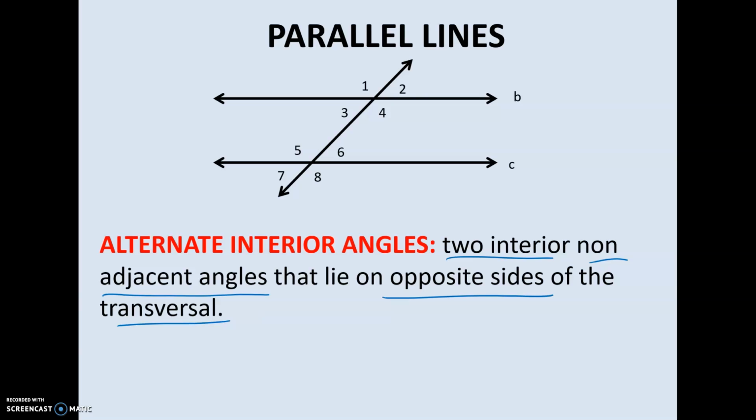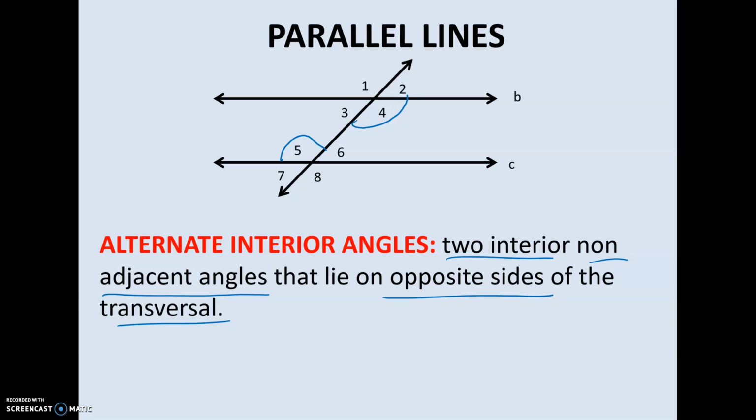So, one set of interior angles. Which ones are the interior angles? Well, we have 3, 4, 5, and 6 are interior, but alternate interior, angle 4 and angle 5 would be alternate interior. They're on opposite sides of the transversal. Okay? They are not adjacent to each other.